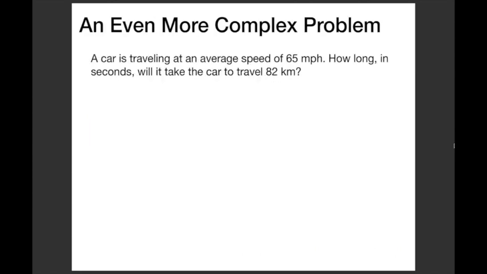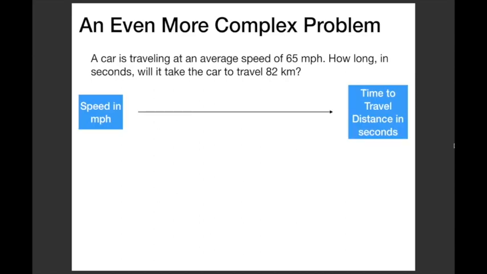The last problem is even more complex in that we have to take 2 conversion factors and then convert from one quantity into a different quantity. So what we need to do is we need to take a speed of a car traveling at 65 miles per hour and turn that into the time it traveled in 82 kilometers in terms of seconds.